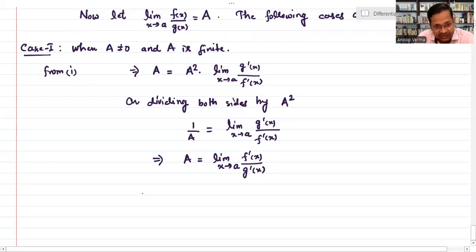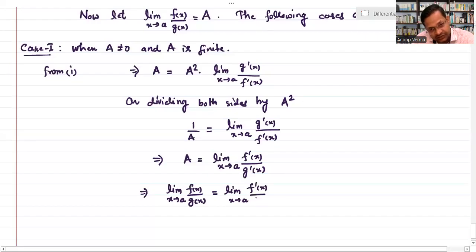So this implies the limit x tending to a of fx upon gx is just equal to the limit x tending to a of f dash x upon g dash x. Okay, so the first case is done: when a is non-zero and a is a finite number, then this rule is followed. You can take the derivatives and you can apply the limits. So the limit of fx upon gx will be equal to the limit of f dash x upon g dash x.